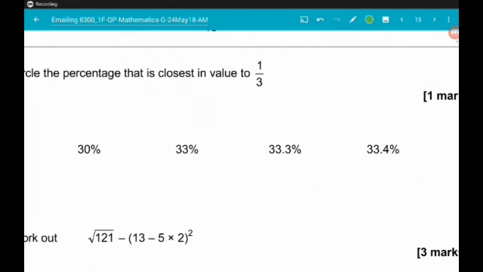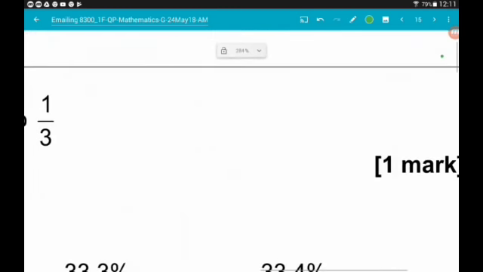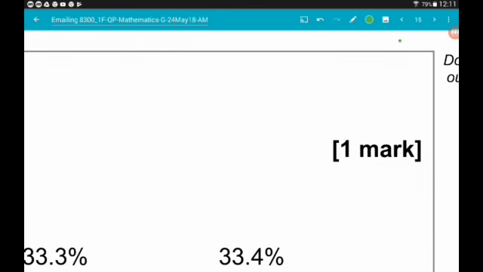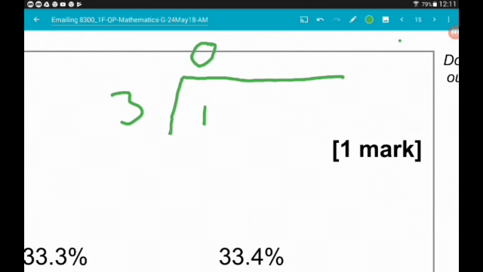Number 19 wants us to circle the percentage that is closest to 1/3. So let's turn a third into a decimal using Mr. Bus Stop again. So 3 doesn't go into 1, so we're going to put a 0 up there, and we're going to put a 0.0 on the bottom and a point on the top.